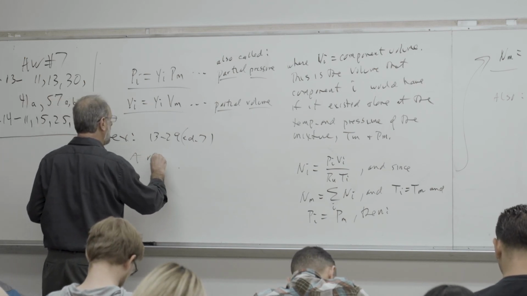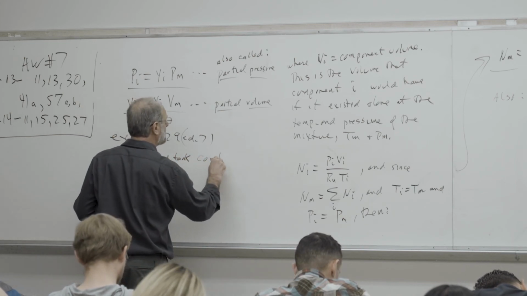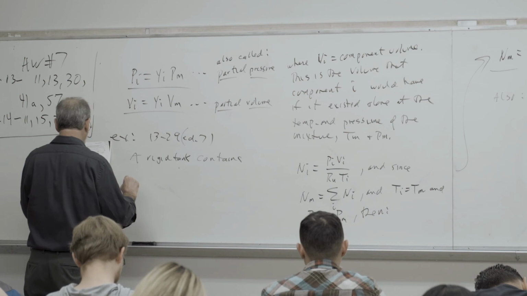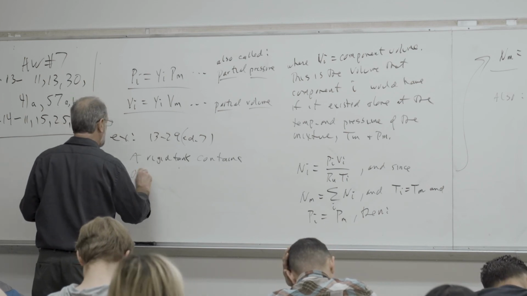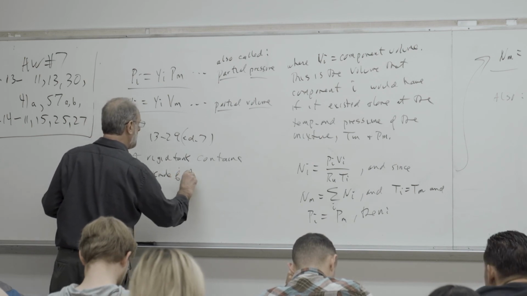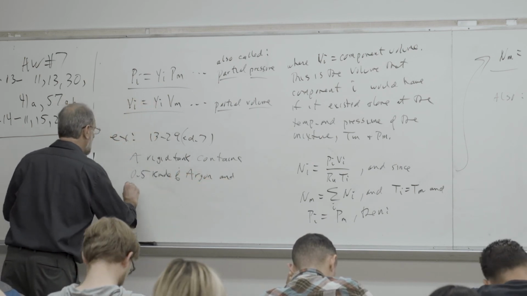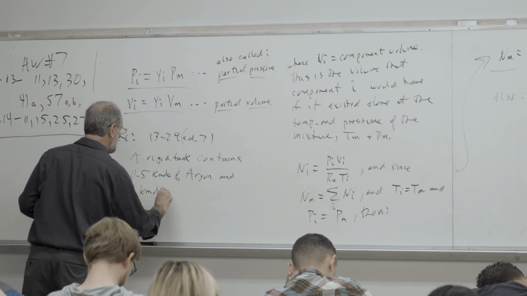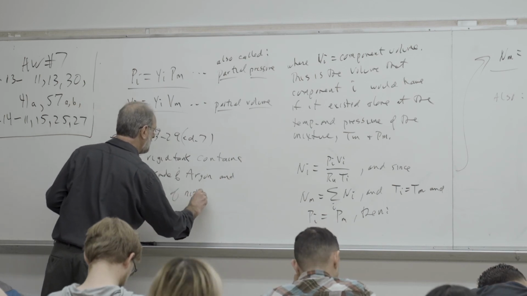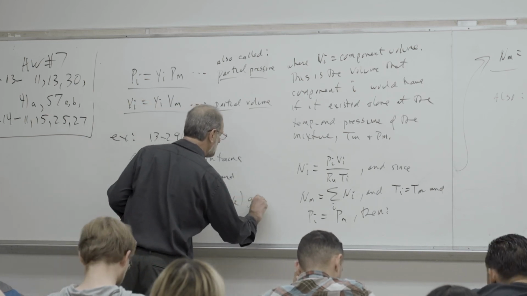We have a rigid tank, and this tank contains a half of a kilomole of argon and 2 kilomoles of nitrogen, that is N2 gas.